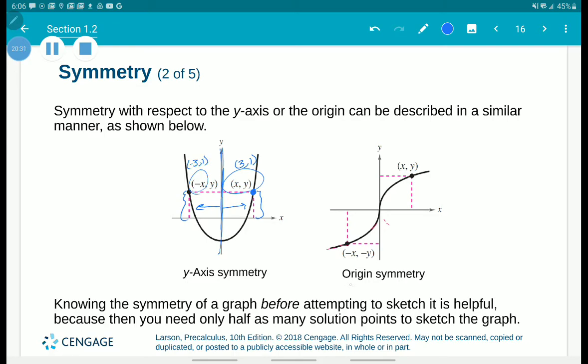And then if we have origin symmetry, think about what's going on in this picture. We have this point, generic point (x, y). We started in the first quadrant. We need to do 2 folds so that we end up in the third quadrant. So it's going to change both the signs of the x and the y values.